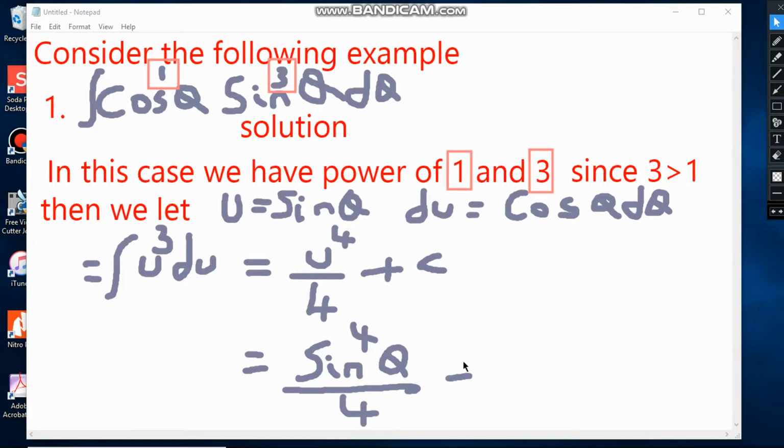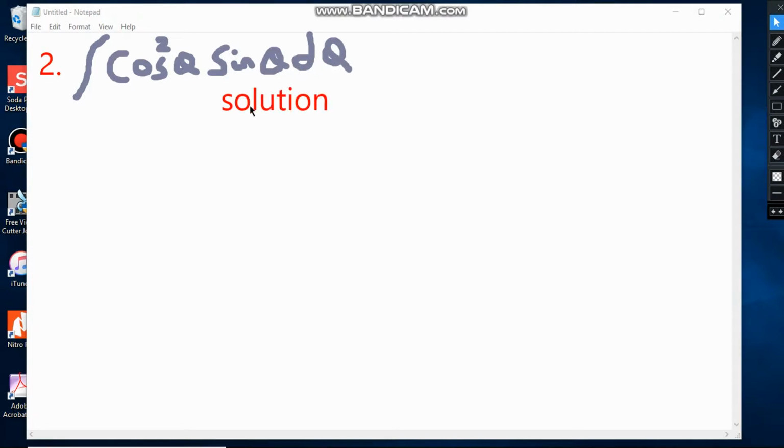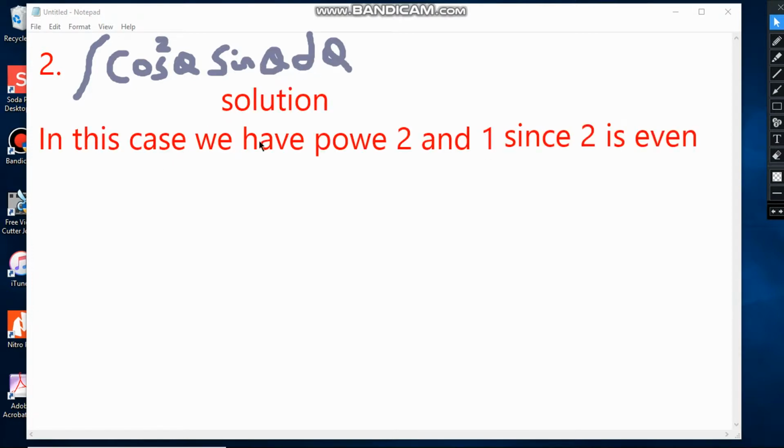Okay, let's look at another example. Integrate cos of theta square times sine of theta d theta. Okay, in this case we have 2 and 1. Since 2 is even, we let u is equal to cos of theta, because the cos of theta is under power 2.